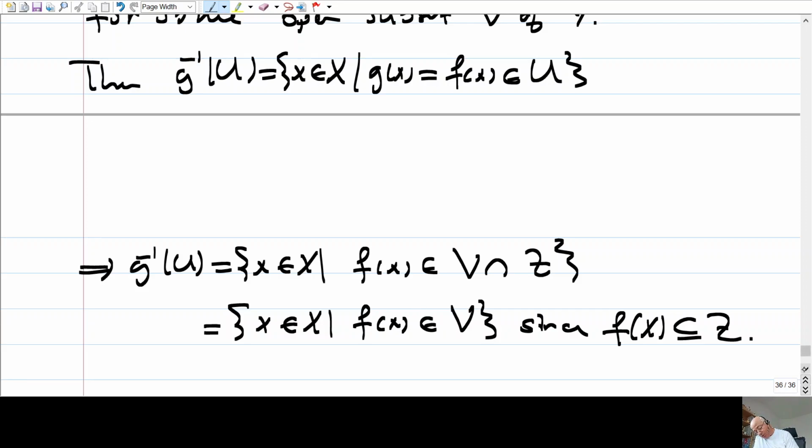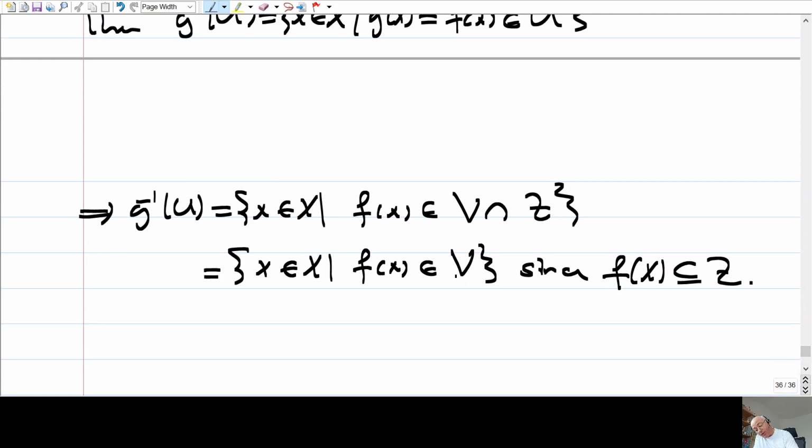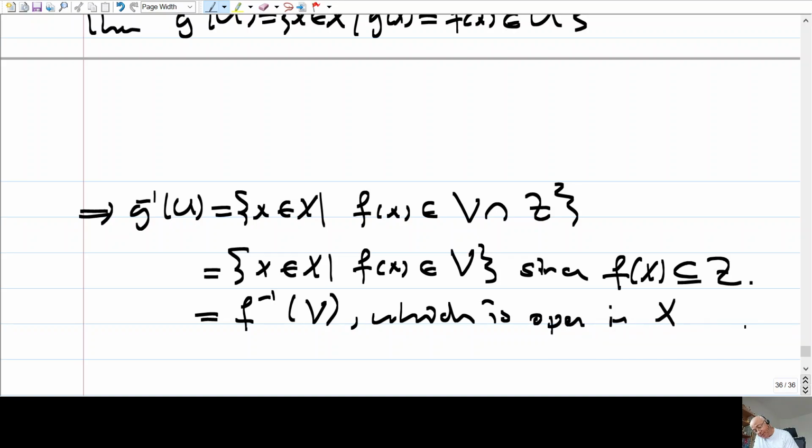And this is nothing but F inverse of V, which is open in X, since F from X to Y is continuous.